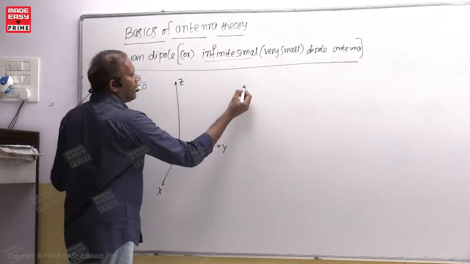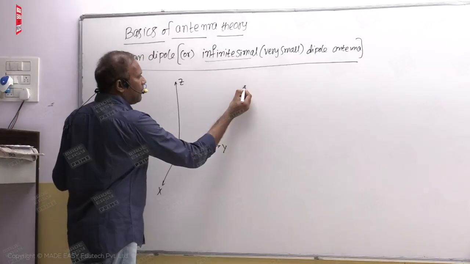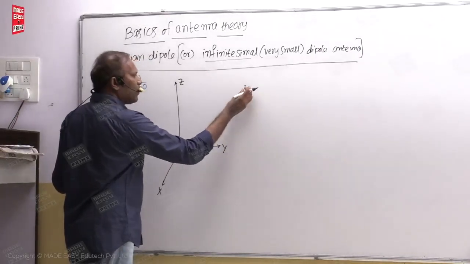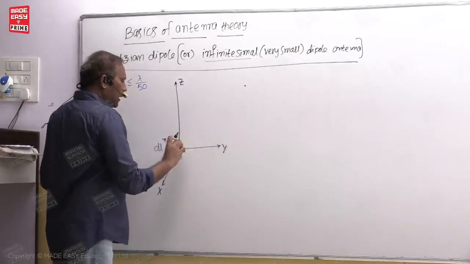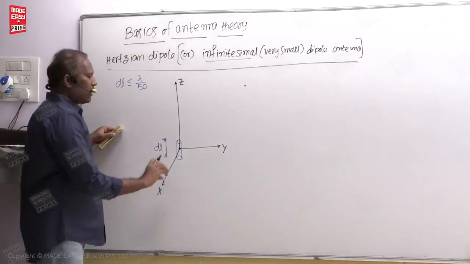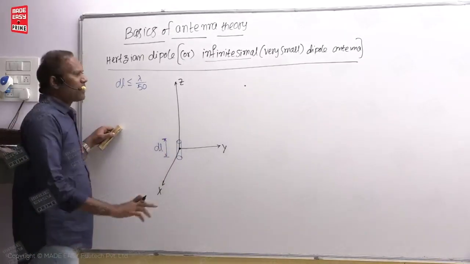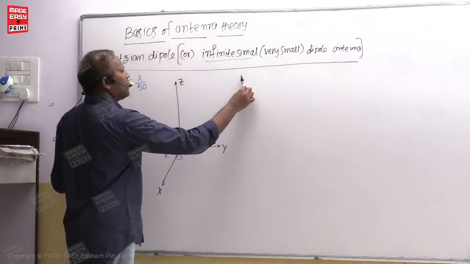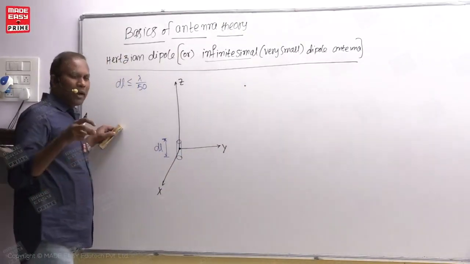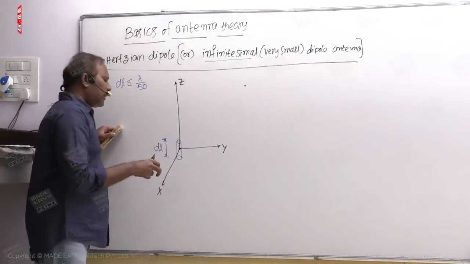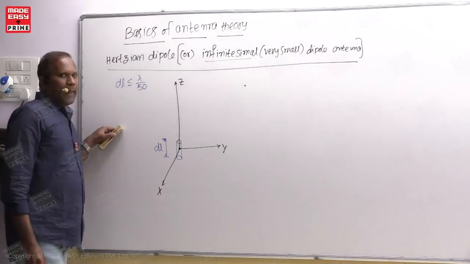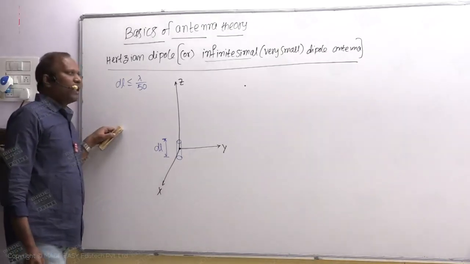So if you want electric field here, or magnetic field, or average Poynting vector here, any quantity you want, then it looks like a point source, very small. Point means from far distance, if you see from 1 kilometer, 2 kilometer, it looks like a sphere. It won't look exactly like a sphere, but it is considered as a sphere because it is very small. I am trying to explain why it is solved in the spherical system.